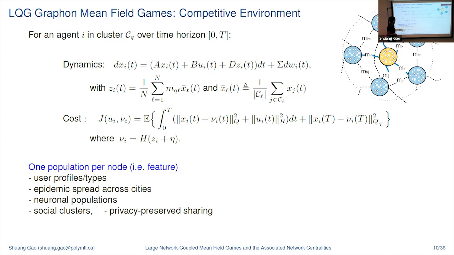In the example of epidemic spread over cities, you don't want to share the individual information, but you can share the population-level statistic. But at the population level, of course, different cities have their own different statistics.